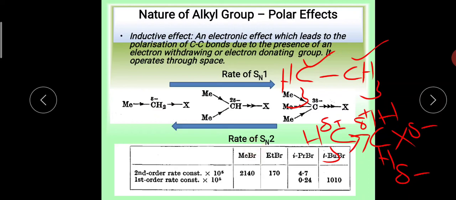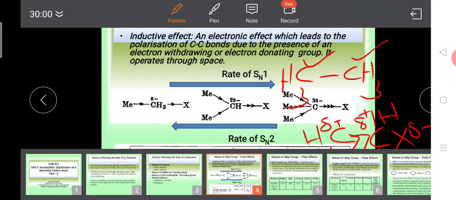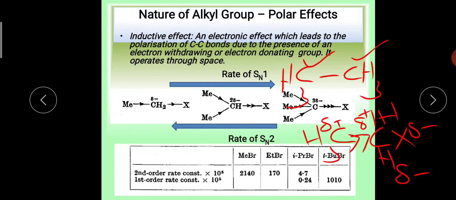They found that when methyl bromide, ethyl bromide, isopropyl bromide and tertiary butyl bromide were subjected to hydrolysis in alkaline aqueous ethanol at 55 degrees, the hydrolysis followed second order kinetics for methyl bromide and ethyl bromide and isopropyl bromide.